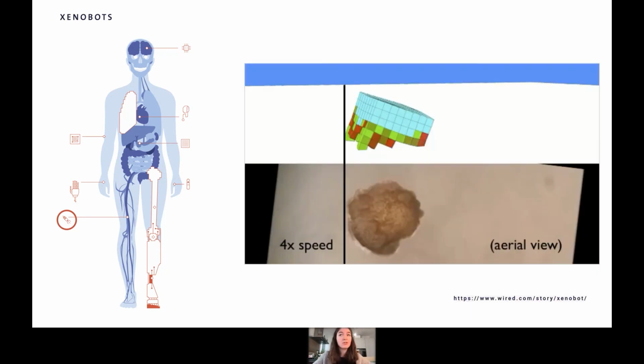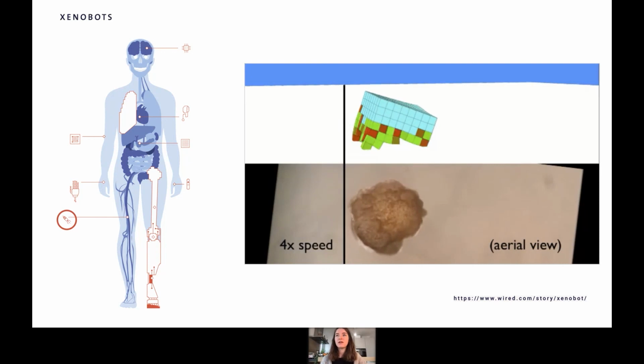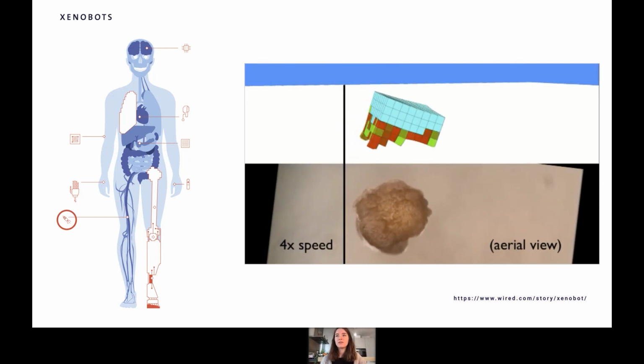But there are also so-called xenobots, and this is a living robot system made out of cells. They took heart and skin cells from frogs, and they managed to program the living cells, and now they can go through the body in a modeled way and move in specific ways, like you see here.